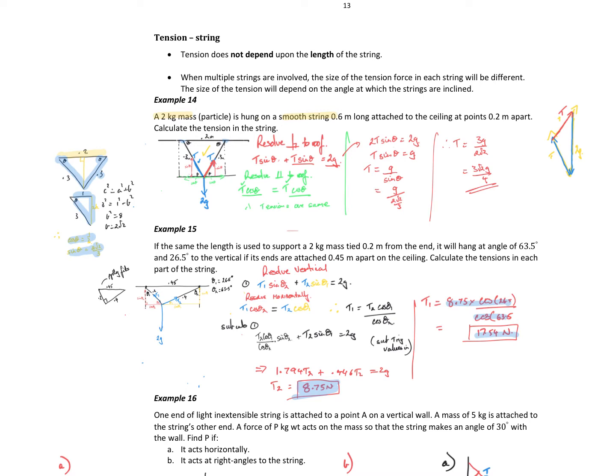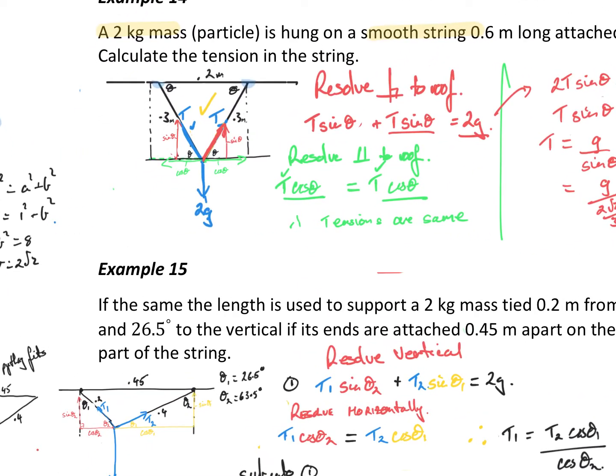All right, so if we consider the forces in here, we've got a tension force acting up there, and the same tension force is acting up the 0.3 meter string. So the angles, using alternate angles, are both going to be the same size there.